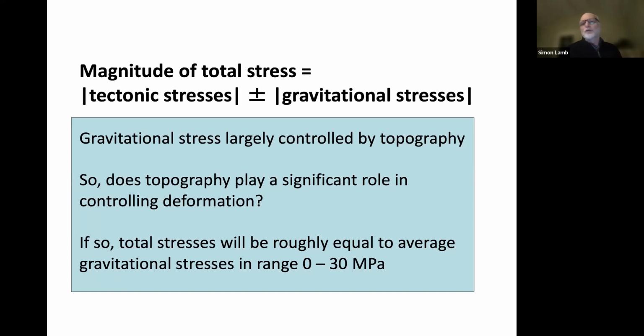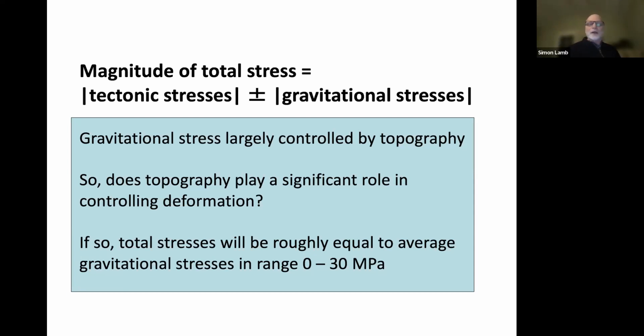Earthquakes have almost zilch effect on that because a single earthquake's not going to change the overall topography very much. And then you've got what we call the tectonic stresses, which are those imposed basically by the plates. So the relative movement of the plates is imposing a tectonic stress on a system that has this inbuilt gravitational stress. So the total stress field is a combination of the two.